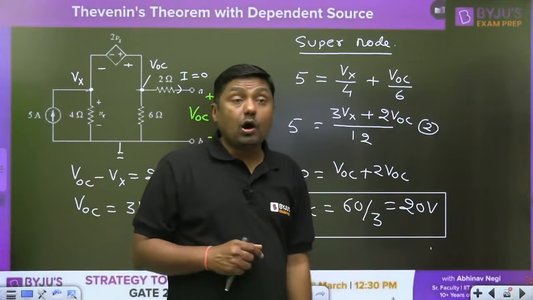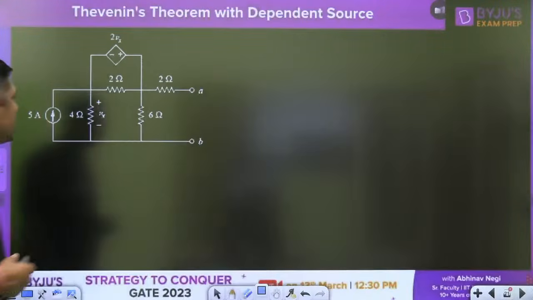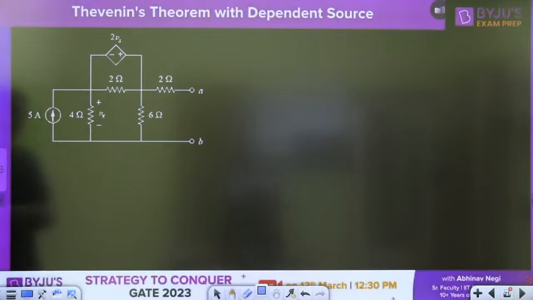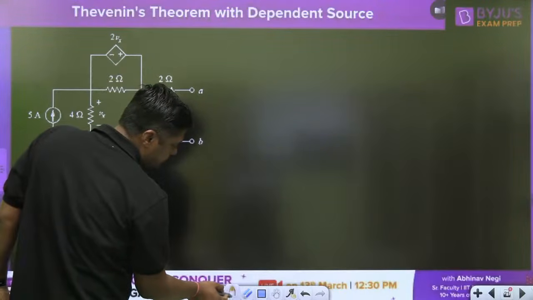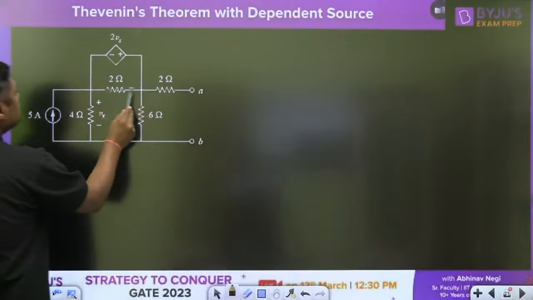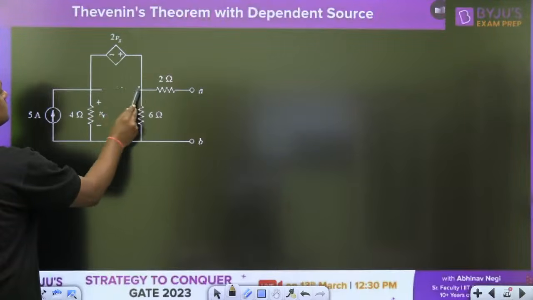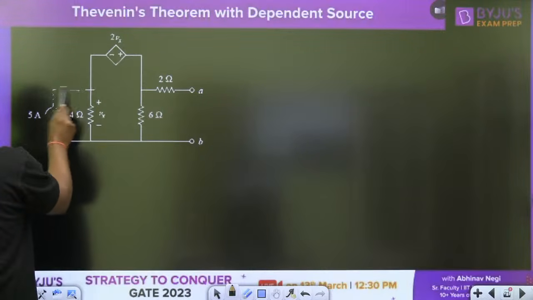Now again, if you have the value, then the second method: simply in this question remove the 2 ohm resistor. Remove this current source.